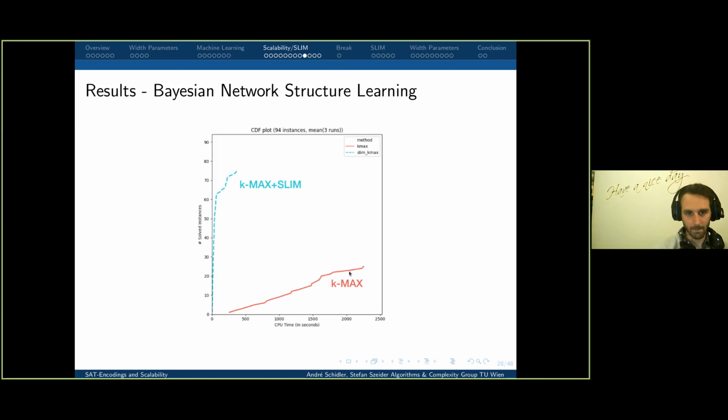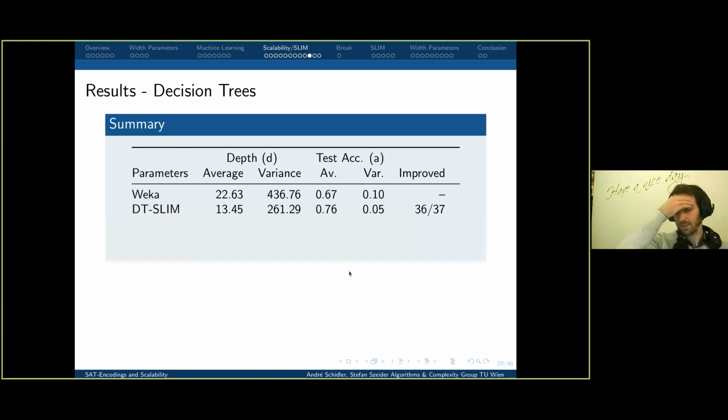For decision trees, I can give you a few more detailed results because I actually worked on this. So here we compared against two state-of-the-art heuristics. The first one was C4.5, which is implemented in this toolkit that's called Weka. And you can see that the average depth of overall decision trees is 22, and we were able to almost halve it with our method.